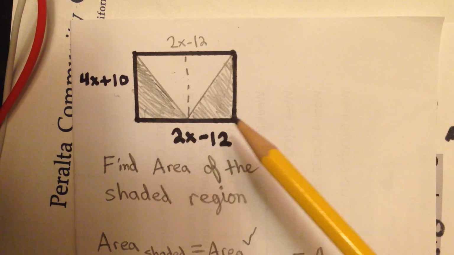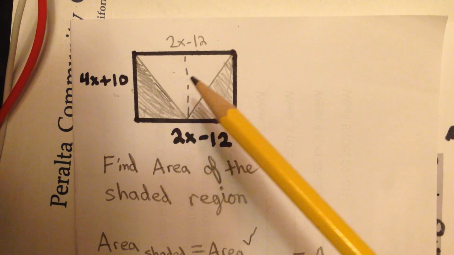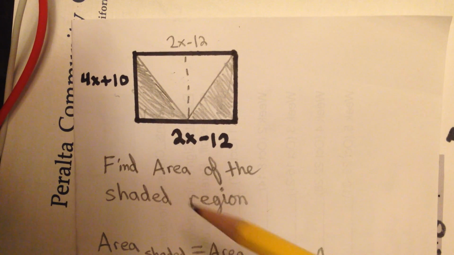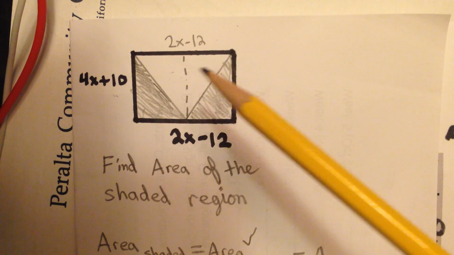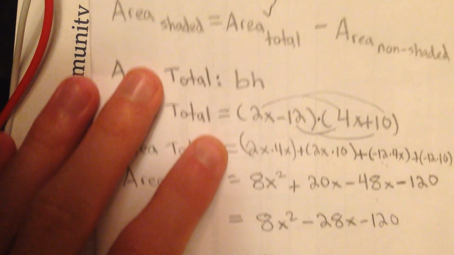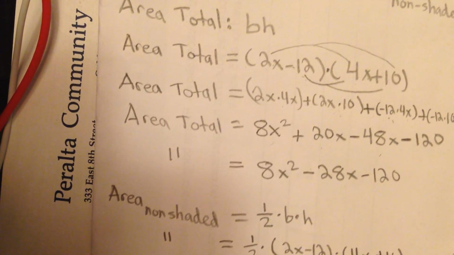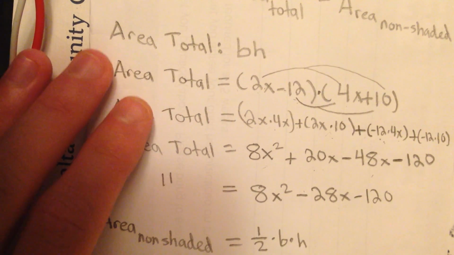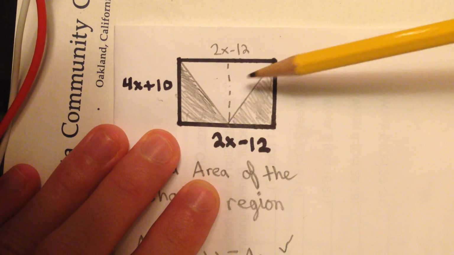But as you see here, the area of the total figure includes a shaded region and a non-shaded region. So we have to subtract from the area total the area of the non-shaded region to find the area of the shaded region. Okay, so area non-shaded. Why is it one half base times height? Well, we know that this is a triangle.